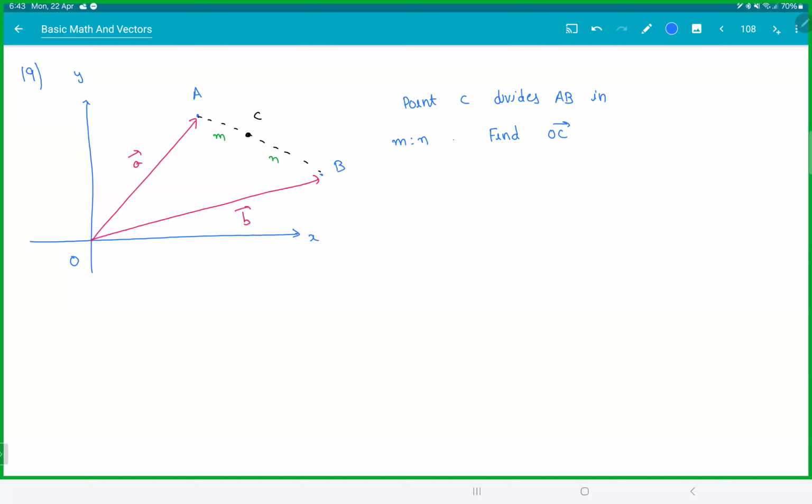Section formula you learned in school, remember? The distance is divided in m is to n ratio, then AC is to BC, you can find the length kind of thing. Give it a try. I'll give you a minute. Just give it a try, I'll just get some water and come.